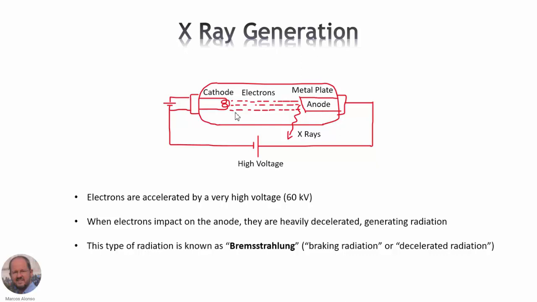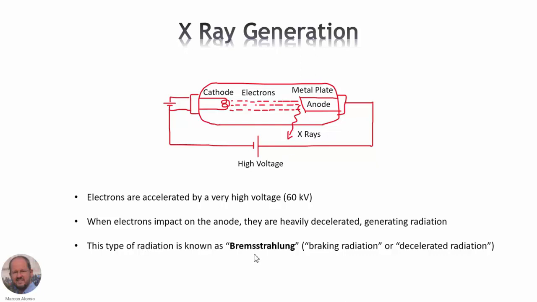The electrons get a very high speed because they are accelerated with voltages around 60 kilovolts or even higher, and then they collide with the metal plate, so they are very heavily decelerated, and this deceleration produces the X-rays.